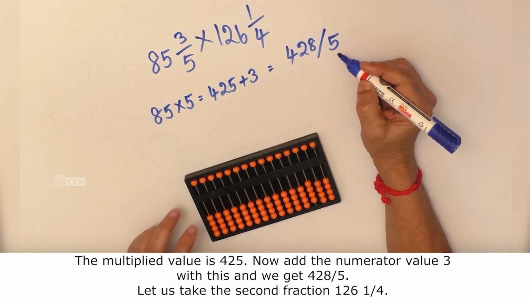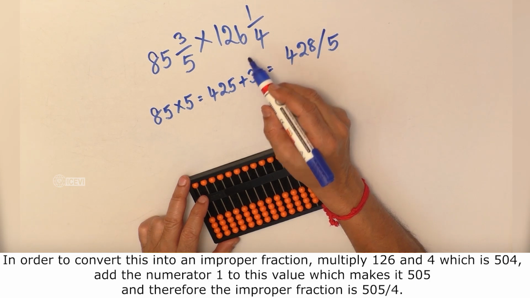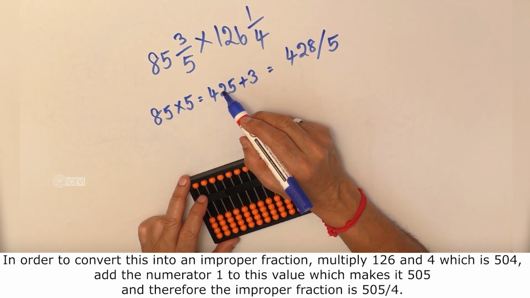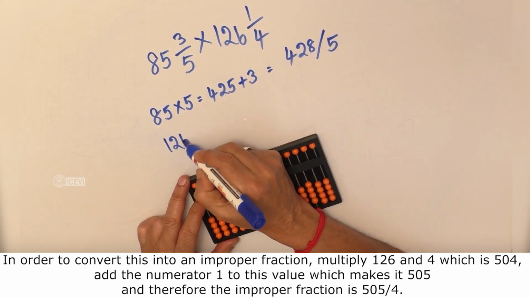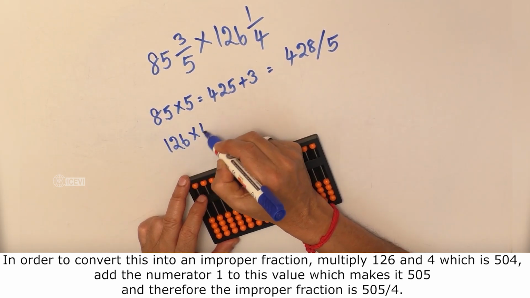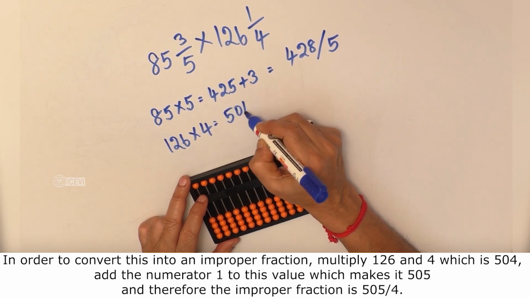Let us take the second fraction 126 1 by 4. In order to convert this into an improper fraction, multiply 126 with 4, which is 504.